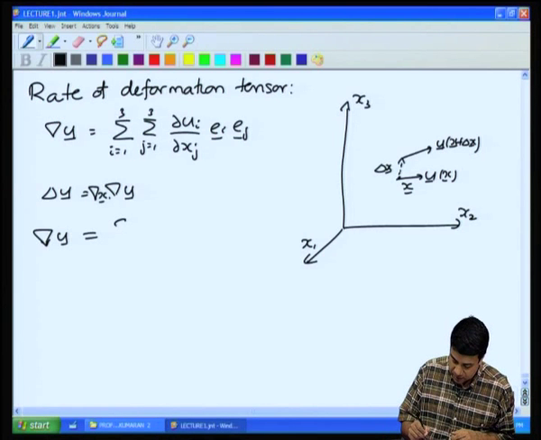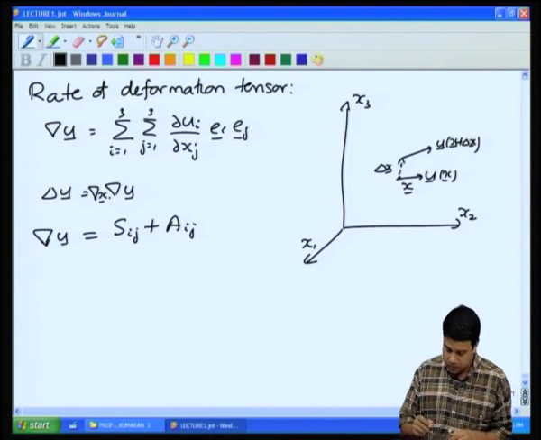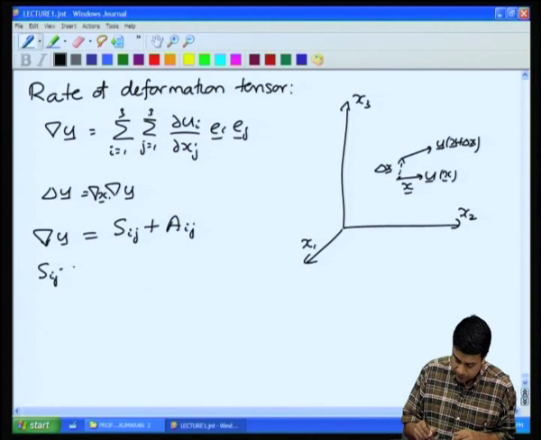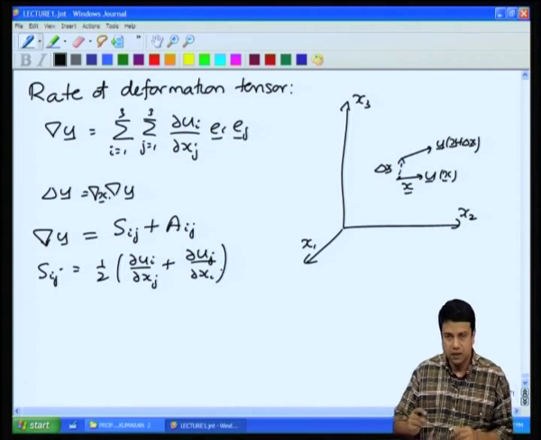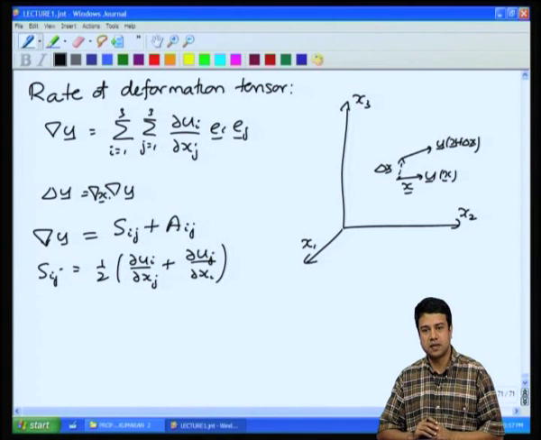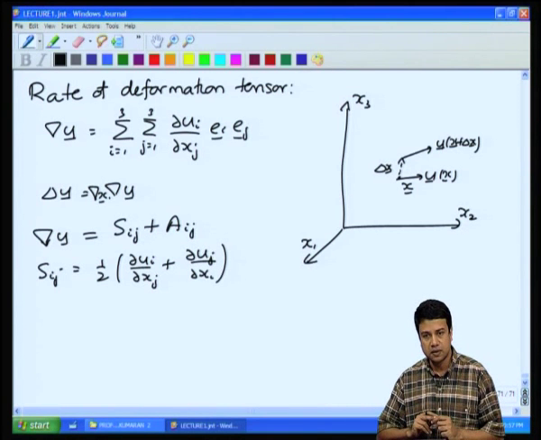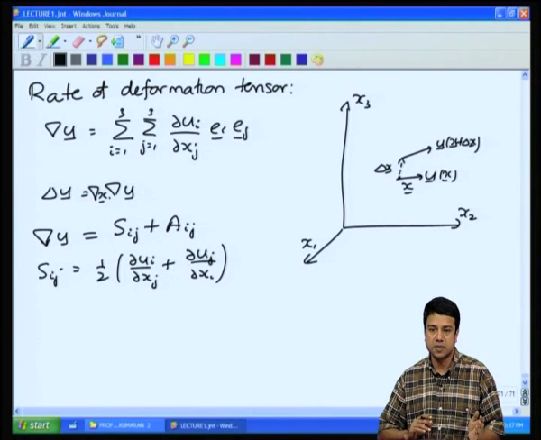One is the symmetric part and the other is the antisymmetric part, where the symmetric part is equal to half of the gradient of the velocity plus its transpose. The transpose is obtained just by interchanging rows and columns, or by interchanging the two indices of the tensor, because one index represents the row, the other index represents the column.